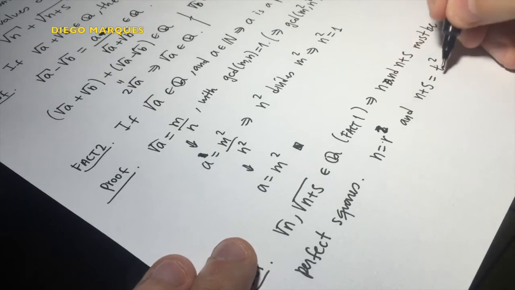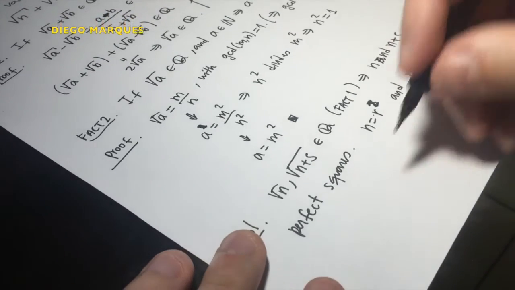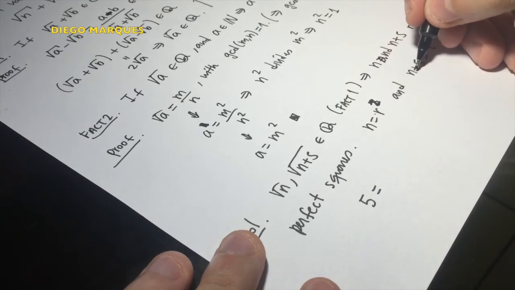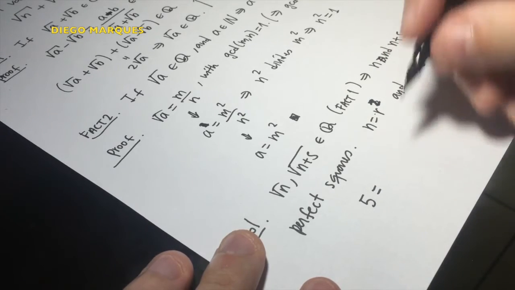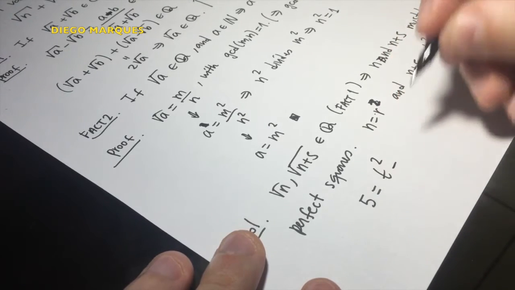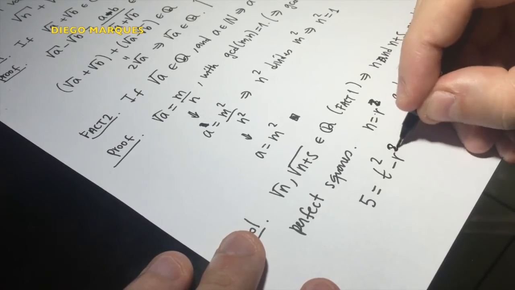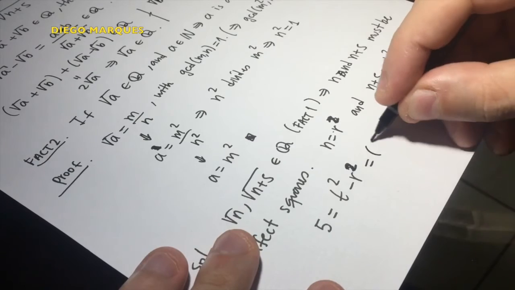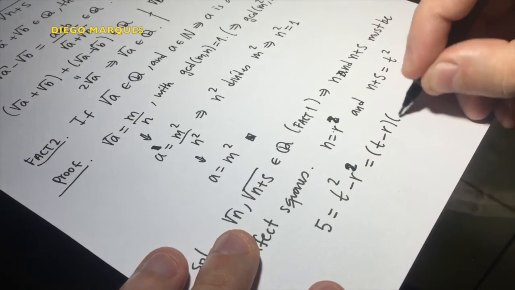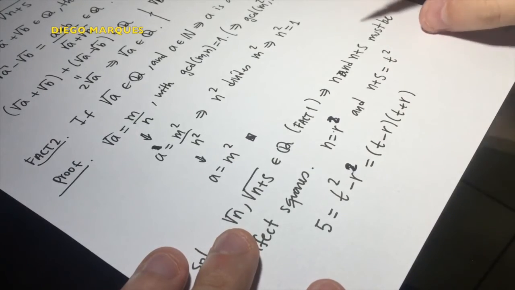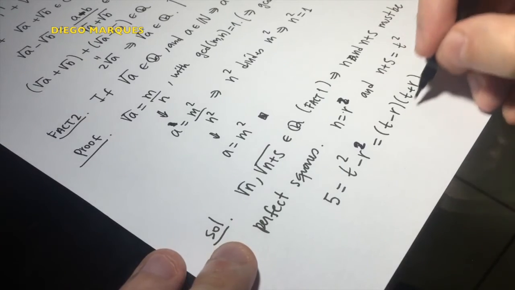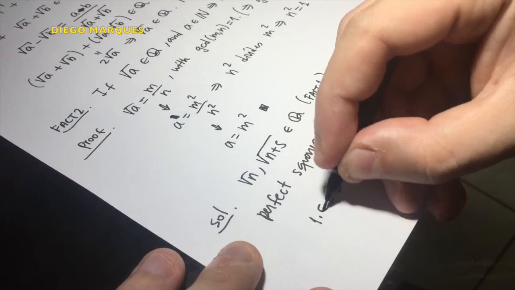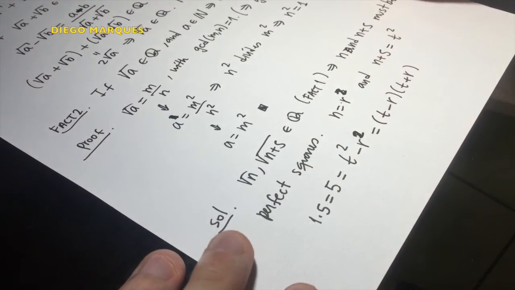So I can subtract these two equalities, in order to delete this n, and I will have 5 equal to t squared minus r squared. And this I can write as a product of t minus r times t plus r. Okay, but these are integers, and 5 is equal to 1 times 5, because 5 is a prime number.